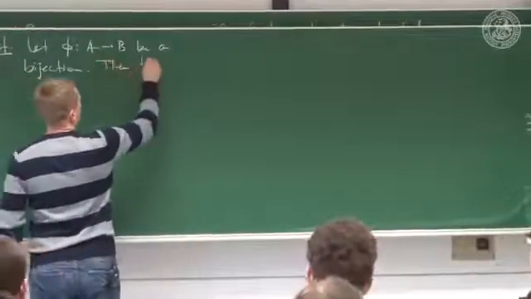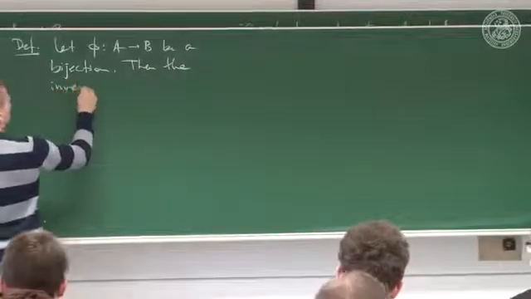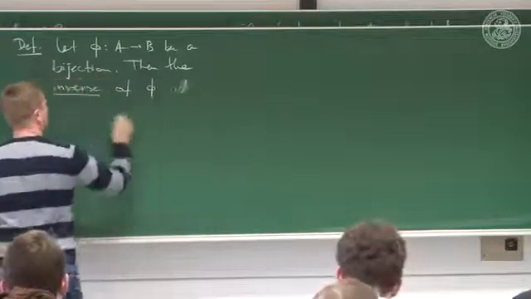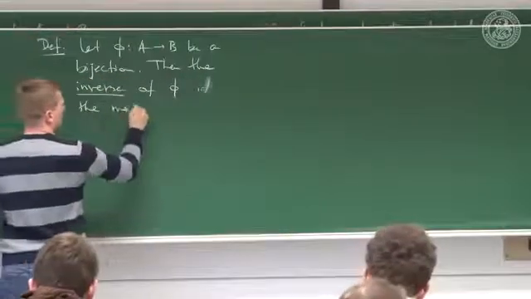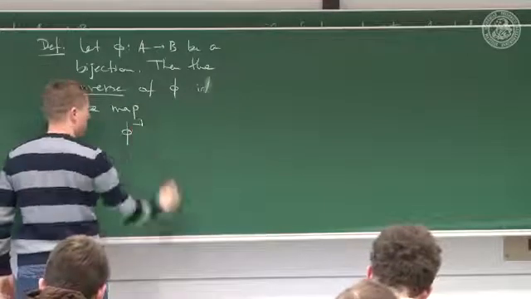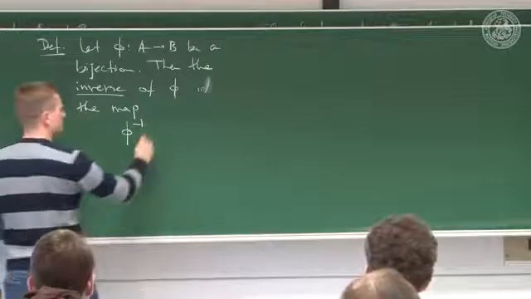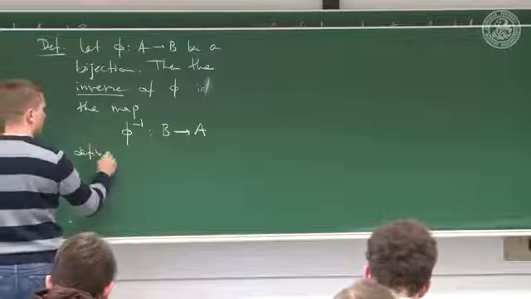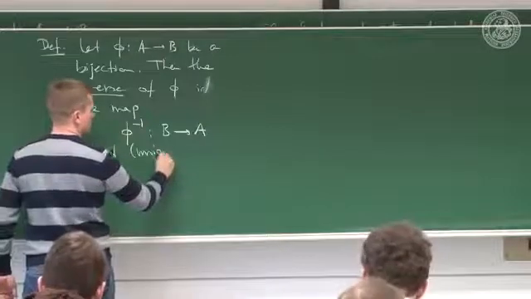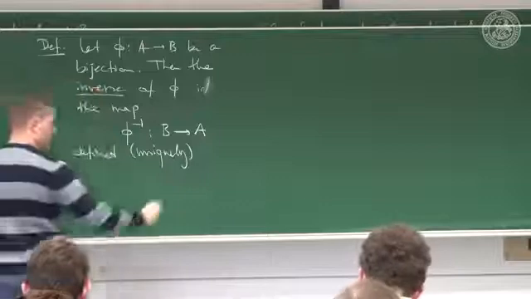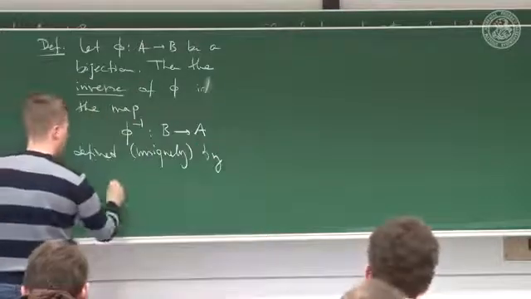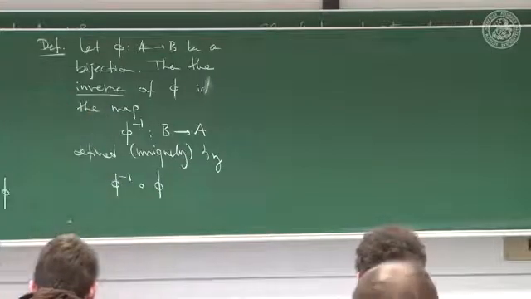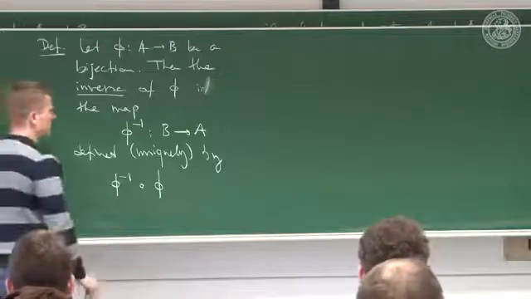Then the inverse of phi is the map phi to the power -1, of course, just means inverse, from B to A, defined uniquely, so there's no ambiguity, defined uniquely by phi inverse circ phi. So you need the circ in order to speak of the inverse, phi inverse circ phi.